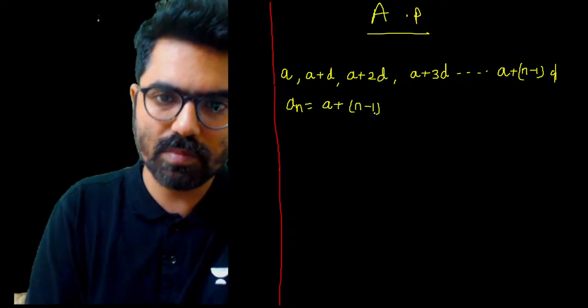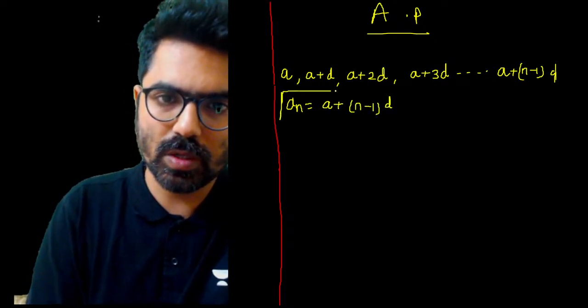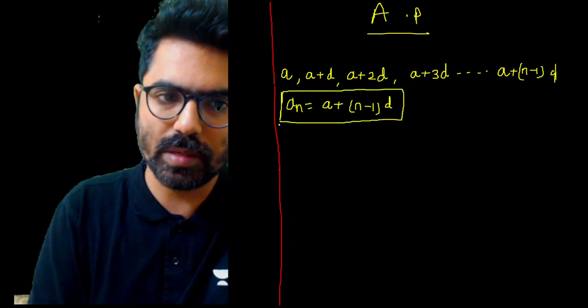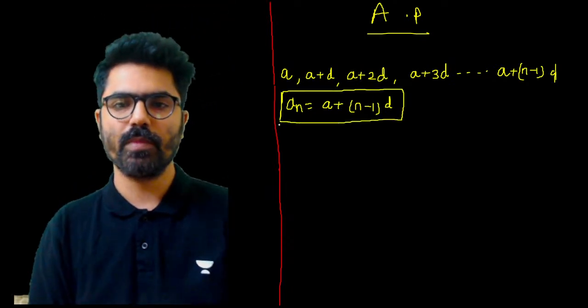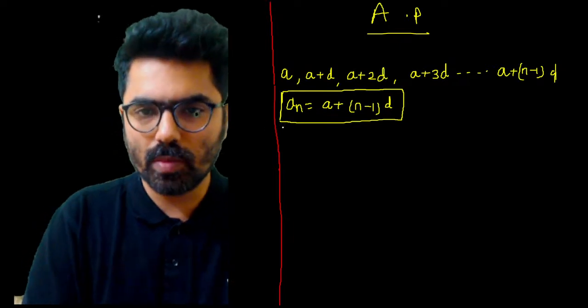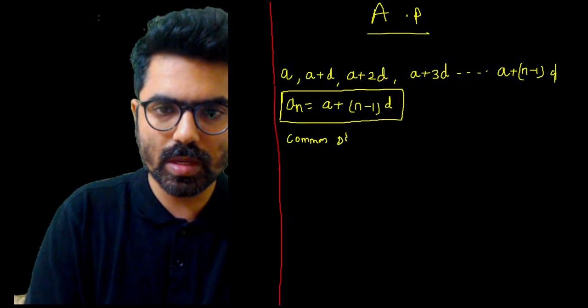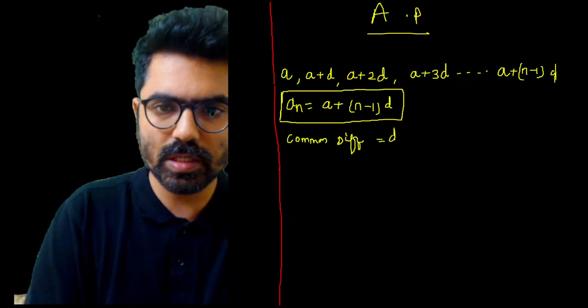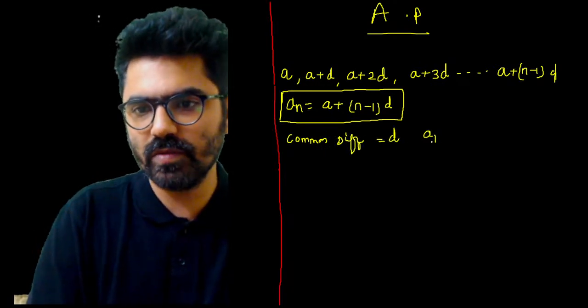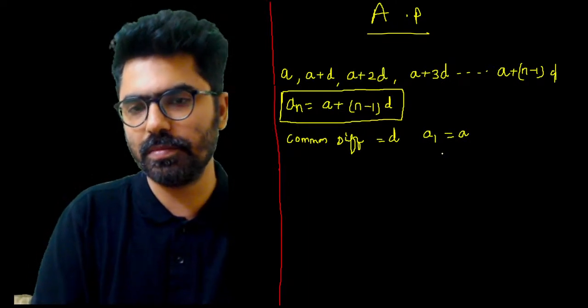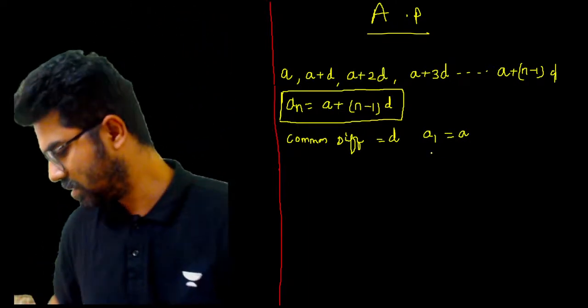Here the common difference is mentioned as D, and the first term, A1, is named as A.